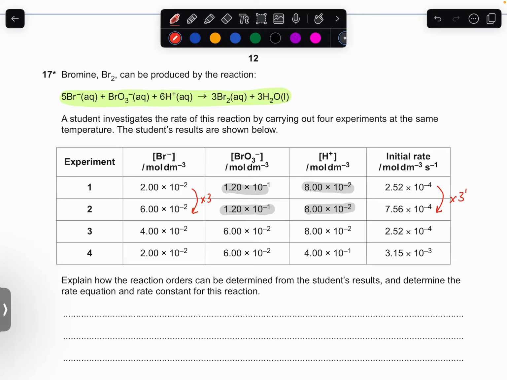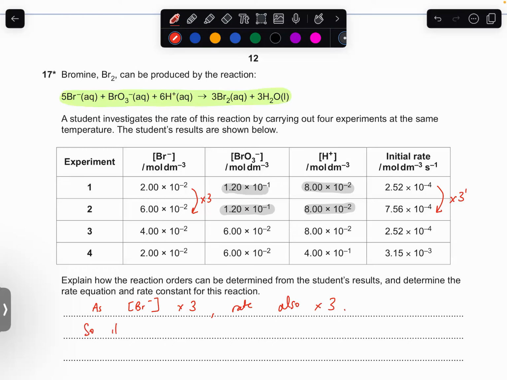So we could word it something like, as the concentration of Br minus is multiplied by 3, rate also is multiplied by 3.